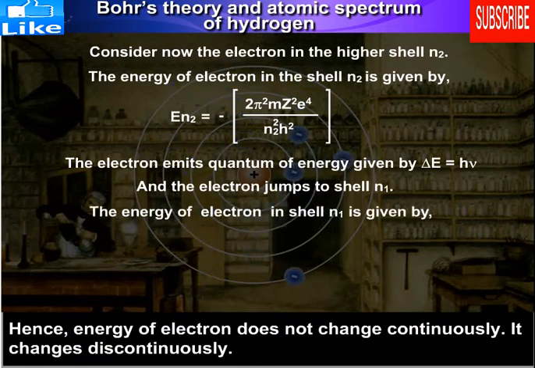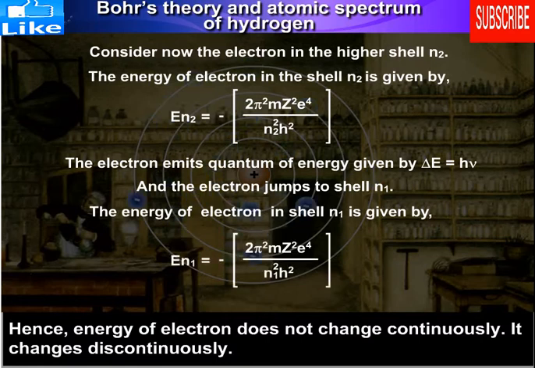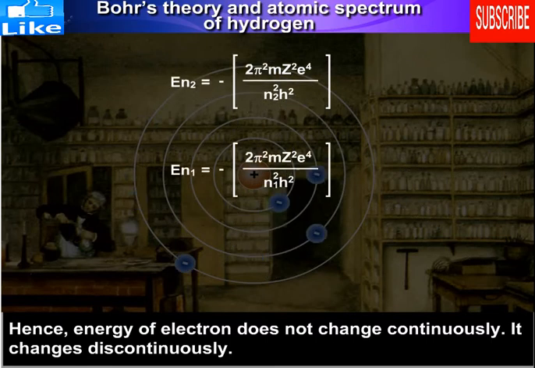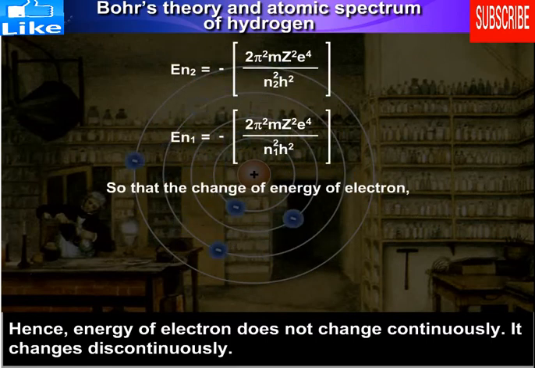The energy of the electron in shell n1 is given by En1 equals minus 2 pi square m into z square into e raised to 4 upon n1 square into h square. So the change of energy of the electron, delta E, equals En2 minus En1 equals hv.